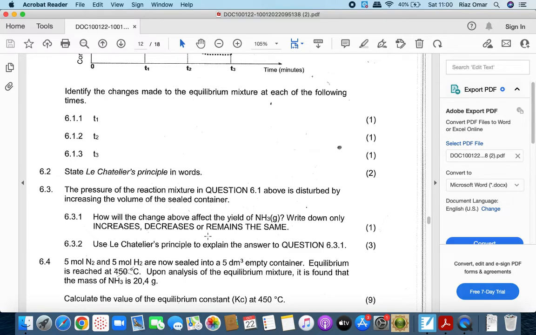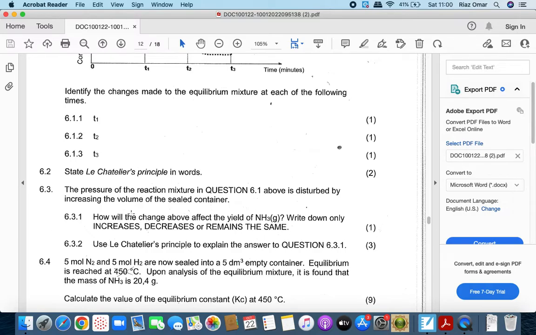Alright, so if you increase the volume of the container, then you increase the number of molecules to compensate for that increasing volume. So how will the change above affect the yield of NH3? Rather than only increase, decrease, or remains the same.